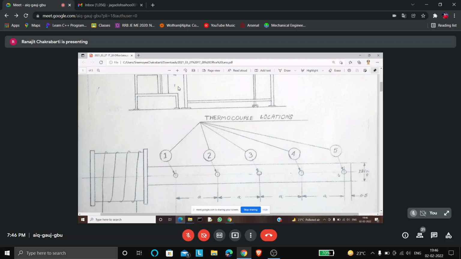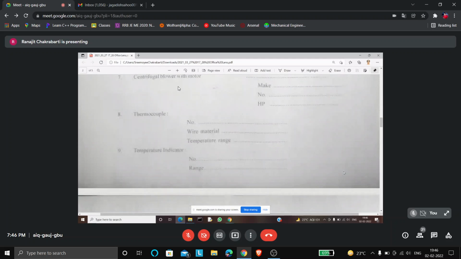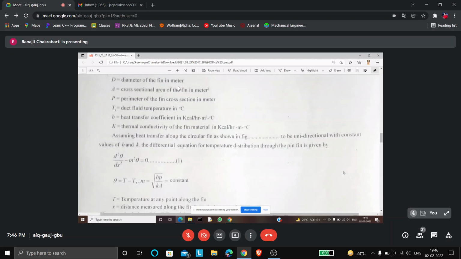Wooden block means there is no heat transfer in the x direction. You know heat transfer is minus k A dT dx, or k A d theta dx. So if heat transfer is 0, then d theta dx at this point is 0, that is at x equal to L. So that is our second boundary condition.